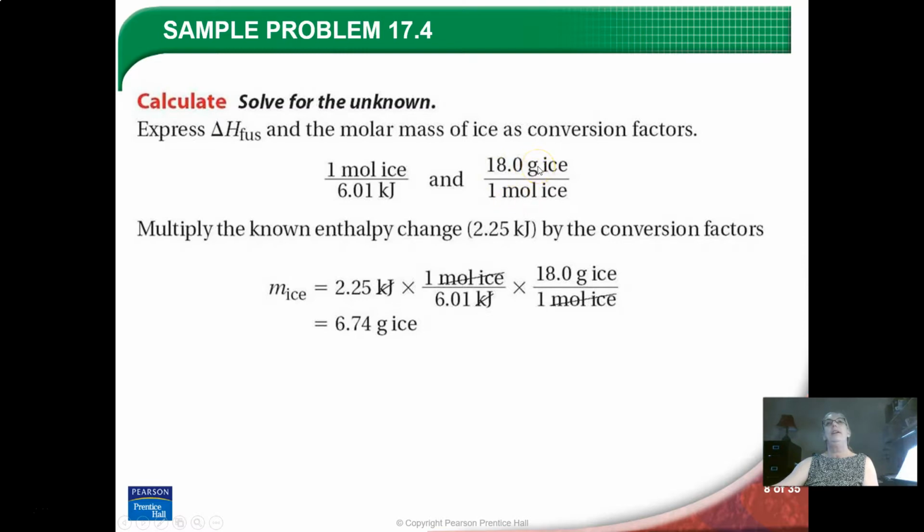So we're going to take our given heat, use that factor, the delta H of fusion, and then change the moles of ice into grams of ice. This is how we find the mass using the delta H of fusion. So make sure you can understand.